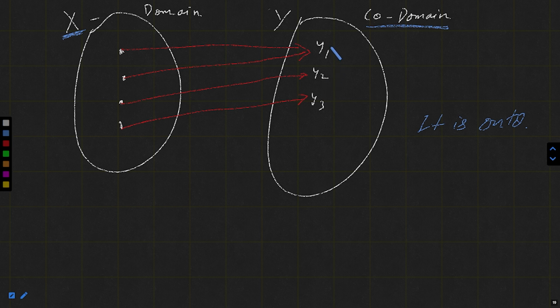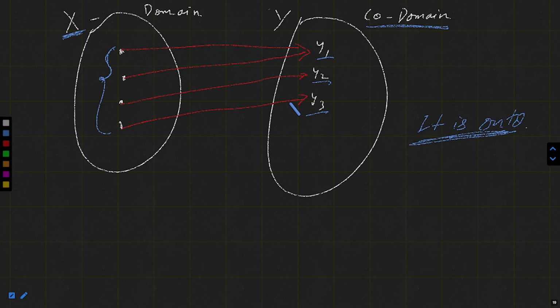But here my codomain is just 3 elements, y1, y2, y3, and all of these 3 elements are the image of some elements in the domain set. If such happens, then we call such functions onto functions.